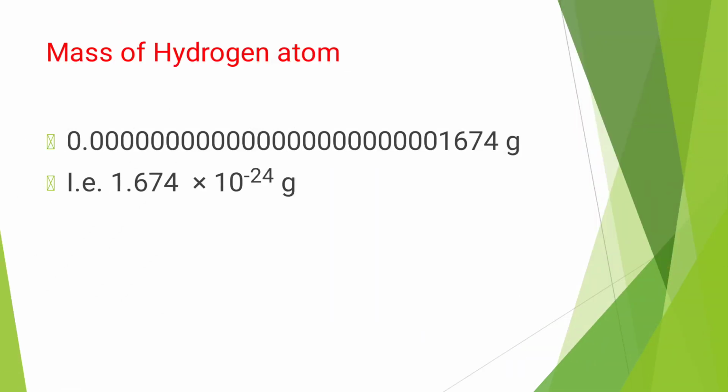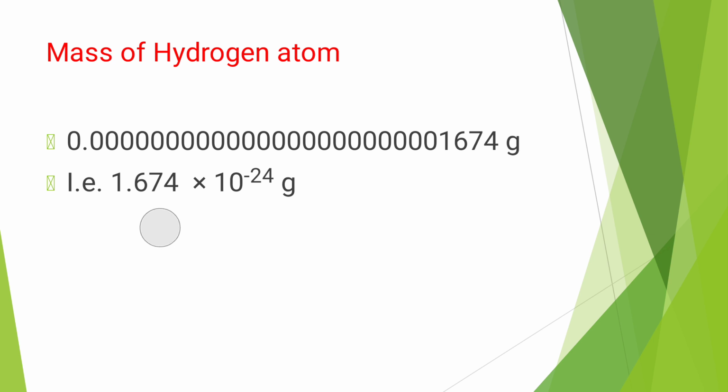To begin with, the mass of hydrogen, for example, is a very minute number, which is 0.00000, very tiresome, 1674. But then the business of pronouncing this number has been made easy by mathematics.